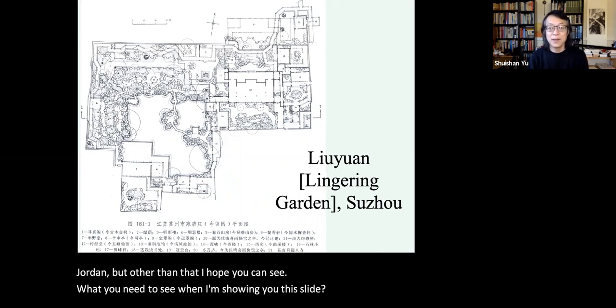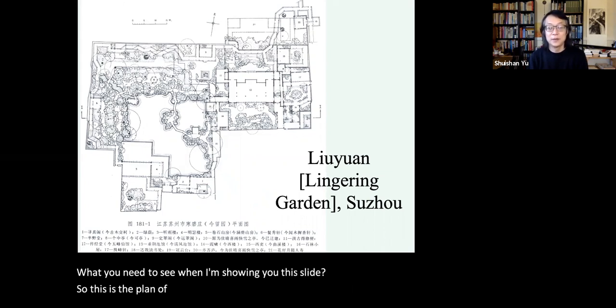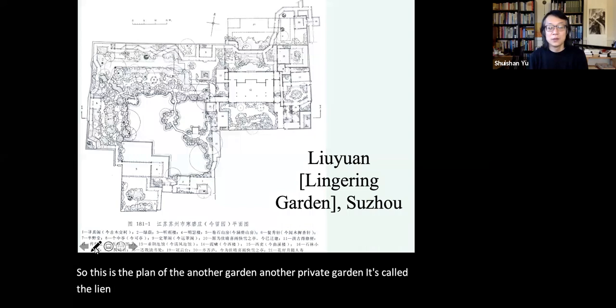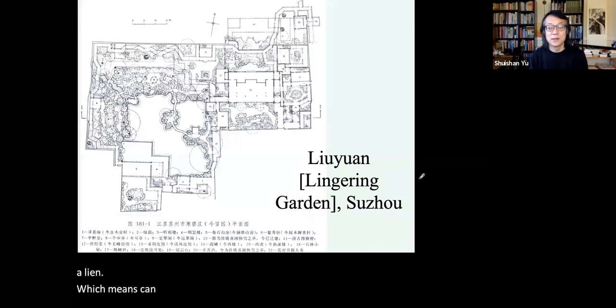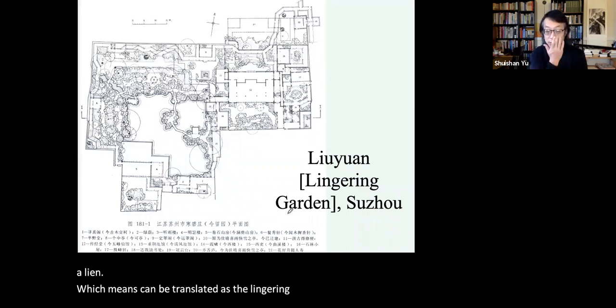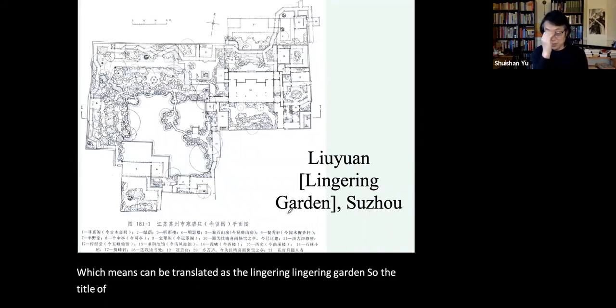So this is a plan of another private garden. It's called the Liu Yuan, which can be translated as the Lingering Garden. The titles of these gardens are quite interesting too.